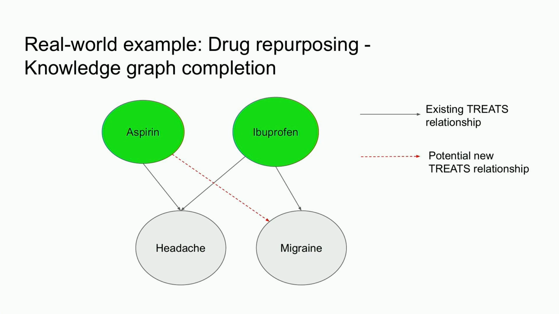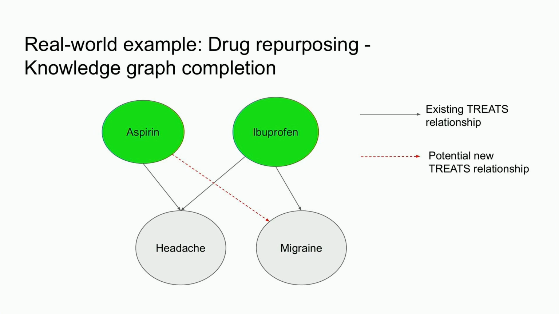But just to give you a simple idea, for drug repurposing, what you then do is basically do link prediction, or as it's called, knowledge graph completion. So when you're trying to predict new links, but also their type, it's called knowledge graph completion, because it's quite different if this new predicted relationship is treats, or if this new potential relationship is causes.